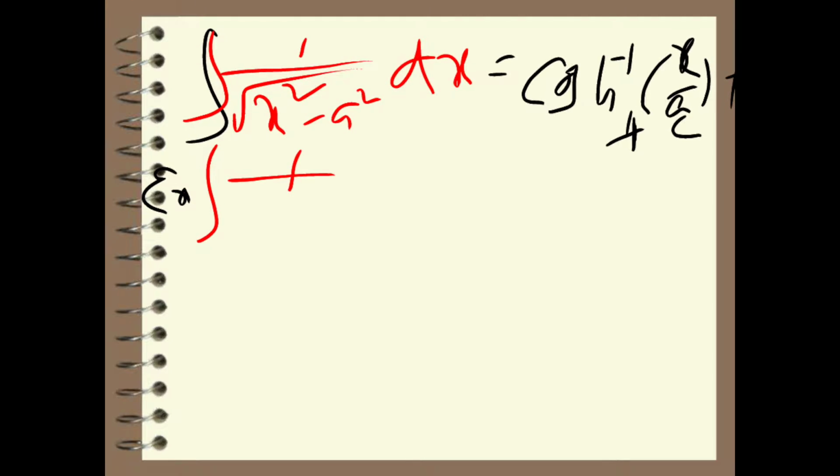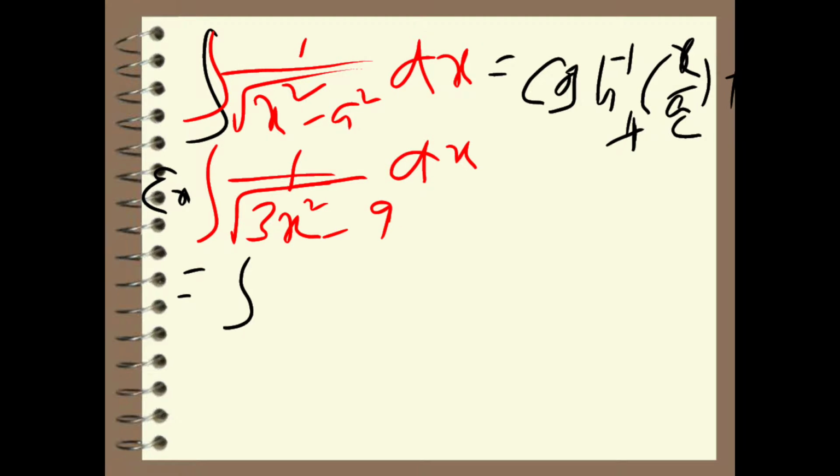Integration of 1 by root 3x square minus 9 into dx. How to do this one? Did you remember the process? So first we take common the x square coefficient, because x square coefficient is not 1 here. Here x square coefficient is 3.